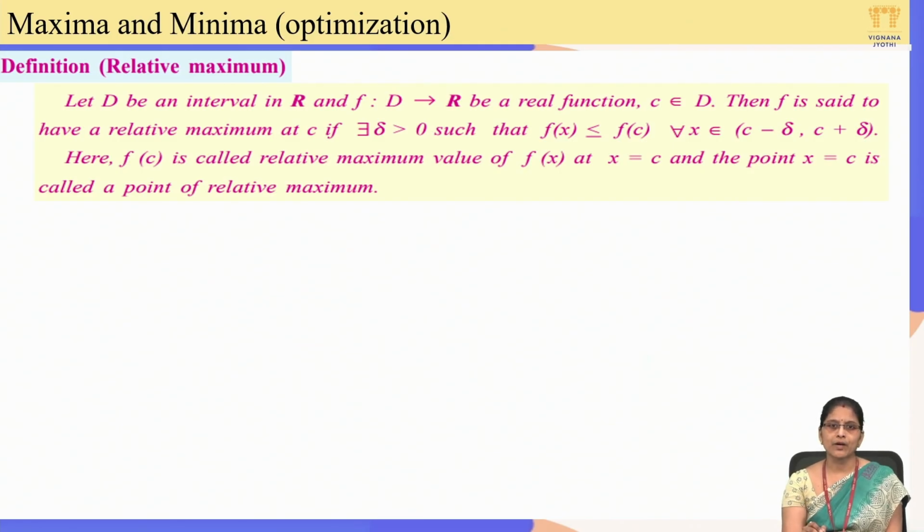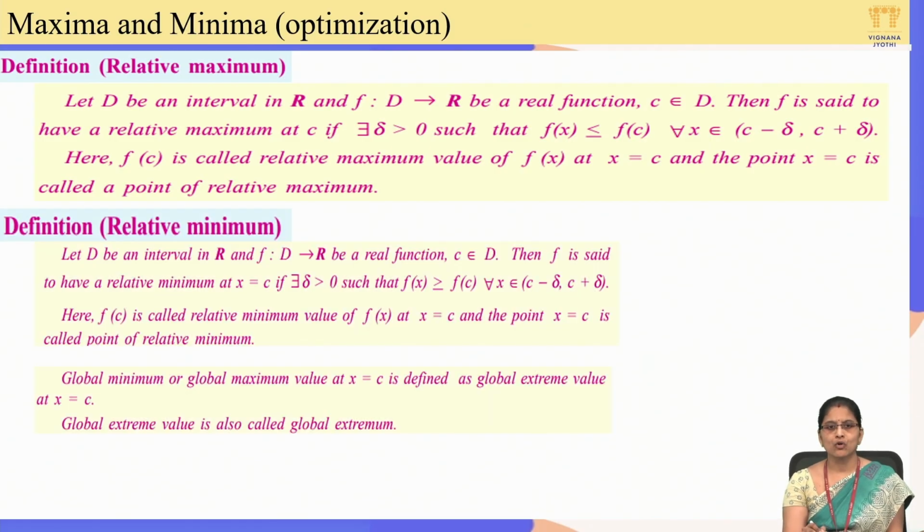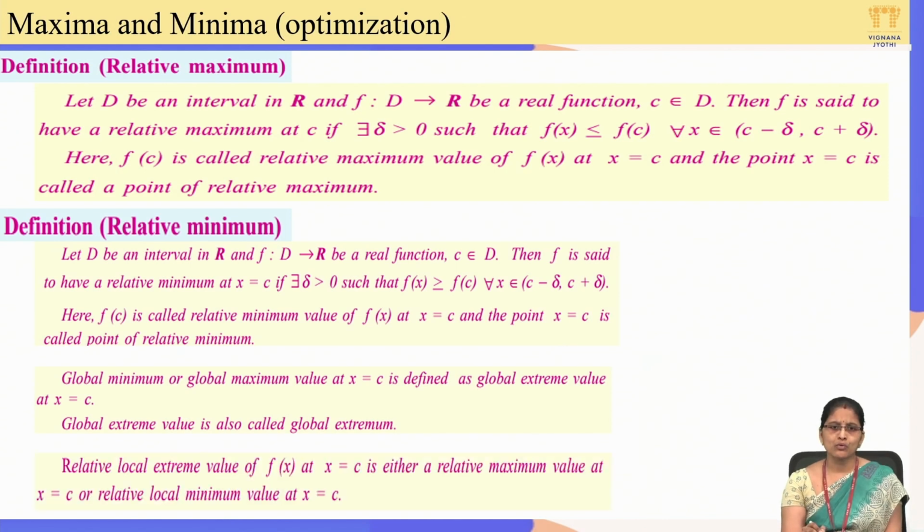Similarly, a function is said to have a relative minimum or local minimum at a point if its value is less than or equal to nearby values. Global maximum and global minimum together form the global extreme values. Similarly, relative maximum and relative minimum together form the relative or local extreme values.